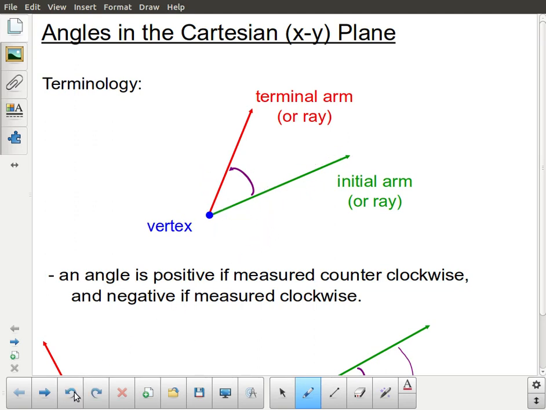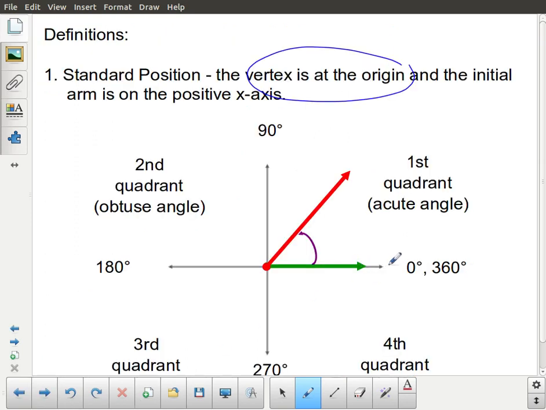So it's only when those two things are combined, which they are here. Here's the x-axis and here's the y-axis. It's only when these things are combined that we have standard position. And the majority, perhaps everything that we do with respect to this is going to be in standard position.